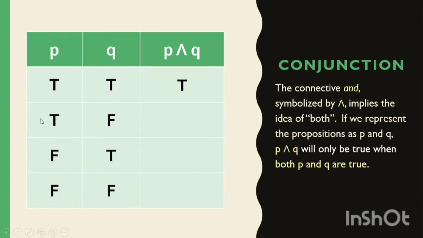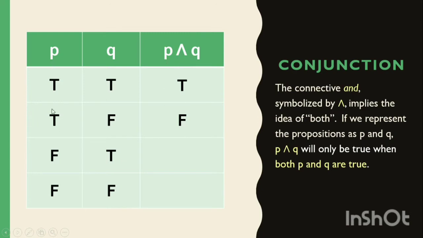Here, P is true and Q is false. So P and Q will have a truth value of false because not both P and Q are true. Q here is false, therefore P and Q will have a truth value of false.